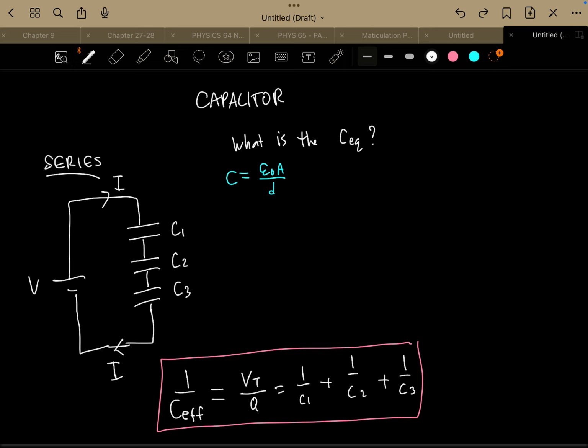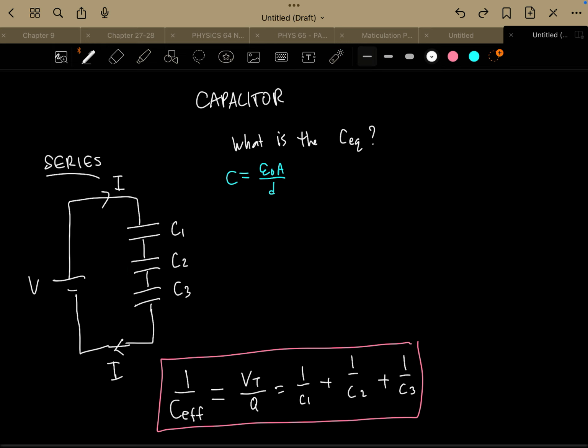Effectively, kalau kita ada dekat series, what we are doing is the area is still the same, right? This is the area, but the length increases, right? Sebab daripada let's say D1 dekat sini, dia sekarang jadi D1 plus D2 plus D3.